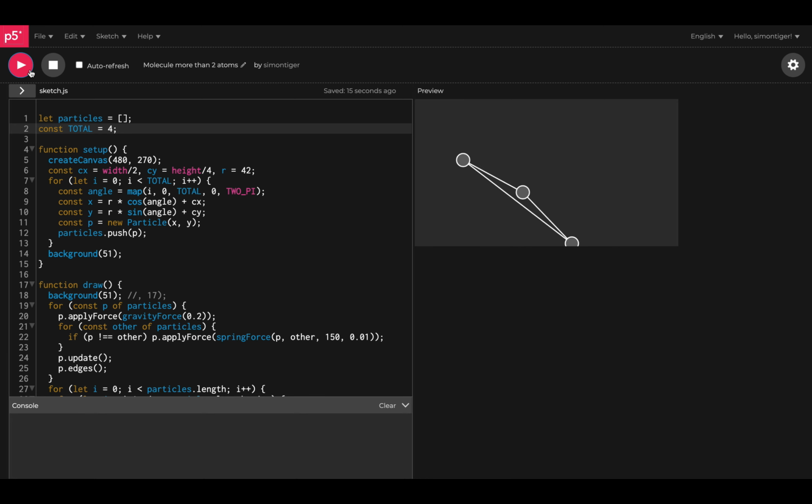I can do more, so let's do 4. I don't know what makes sense. Let's do 5. And 6 looks like this.